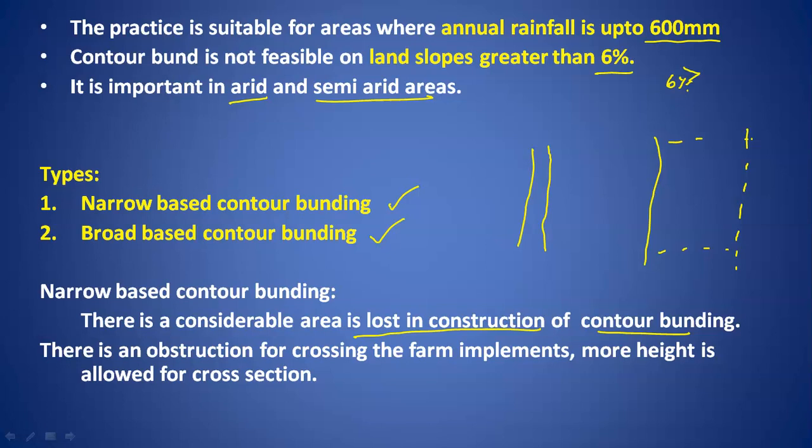It also creates obstruction in the movement of farming implements. When the farmer is ready for primary tillage operations, a narrow-based contour bund creates an obstruction, so the implement cannot turn suddenly. Some amount of land is lost here.